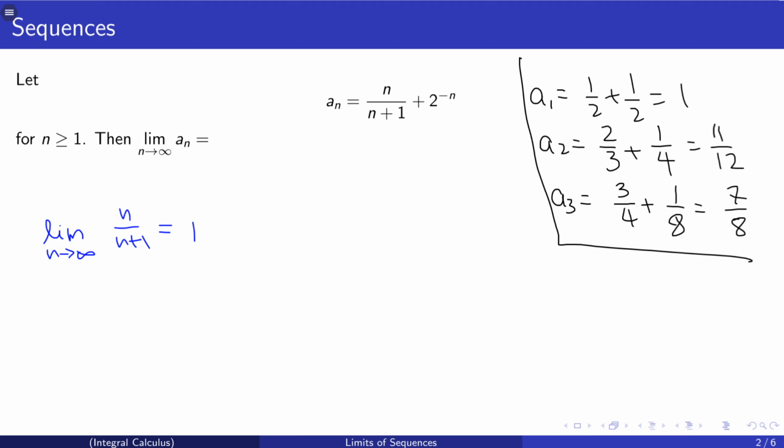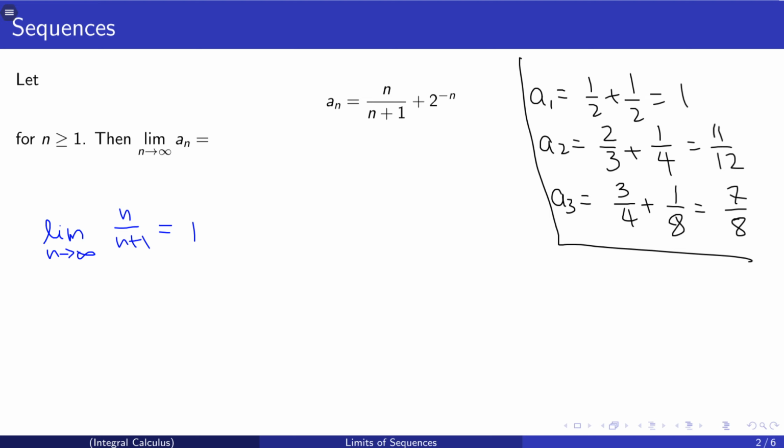So remember the intuitive definition. The limit is said to be 1 if we can make these terms, n over n plus 1, as close to 1 as we would like, by taking n large enough. I'm not going to go over the precise definition here that you'll see in some textbooks, but intuitively, that's what it means.